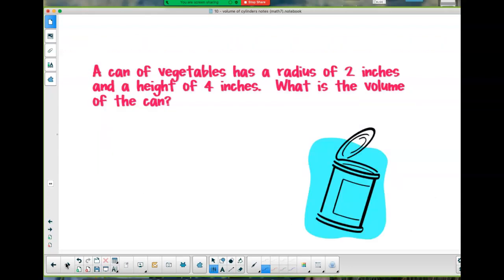A can of vegetables has a radius of 2 inches and a height of 4 inches. What's the volume of the can? The same process.